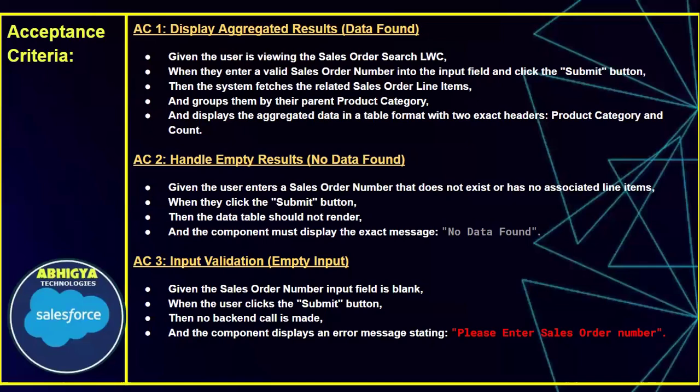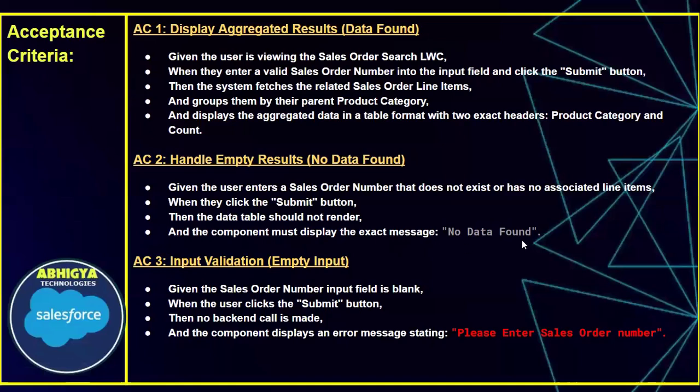First one is the positive way, the happy path: we have found the data, and we can display it in table format. Some of the orders don't have order line items. At that time, we just display the message no data found.